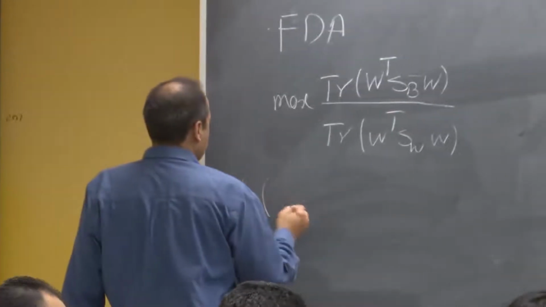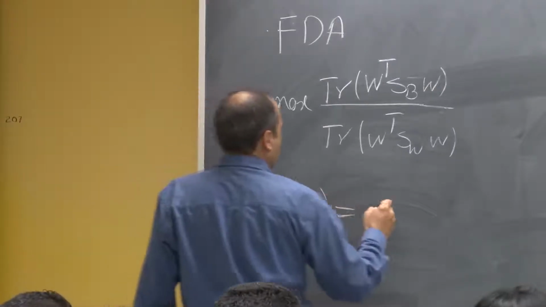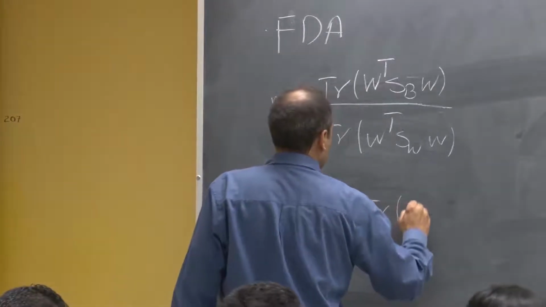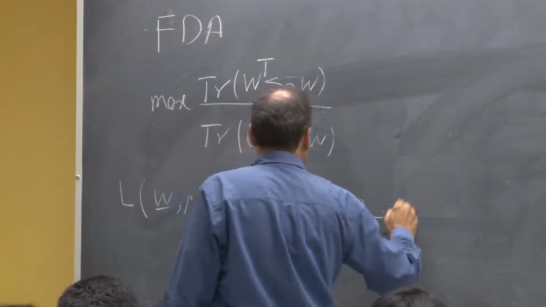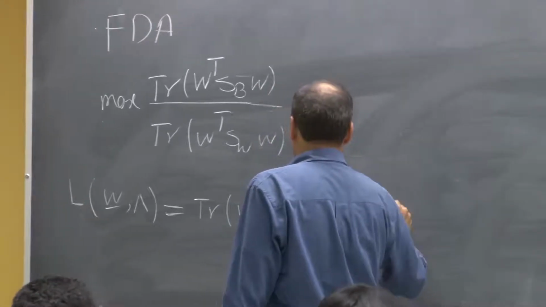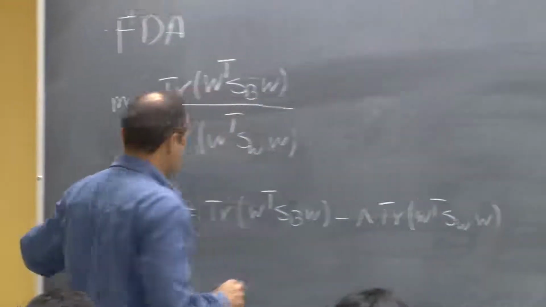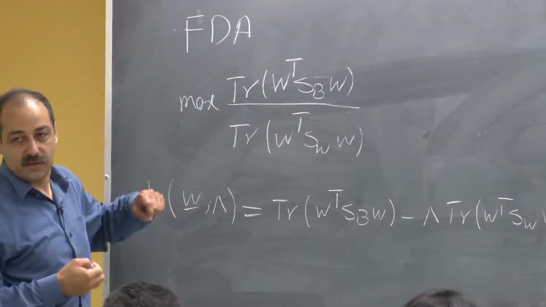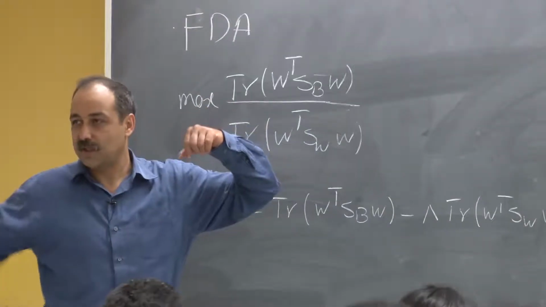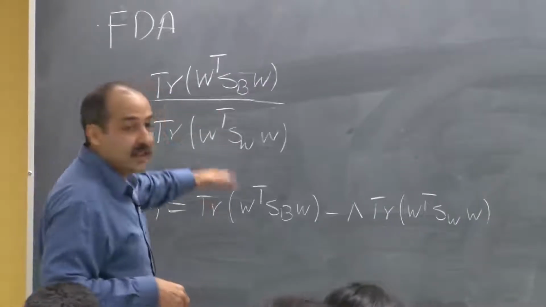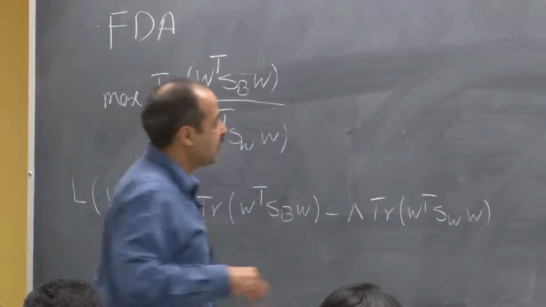You can write the Lagrangian, which is trace of W transpose SB W minus lambda trace of W transpose SW W. Here, this lambda is not just a scalar, it's a diagonal matrix with some scalars in it. Then you take the derivative, you set it to 0, everything will be exactly the same.